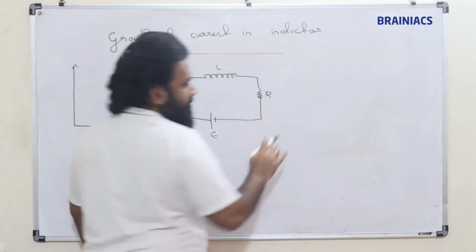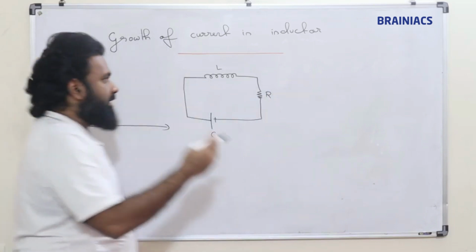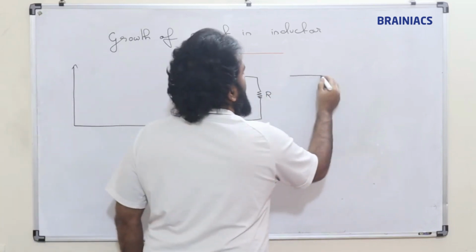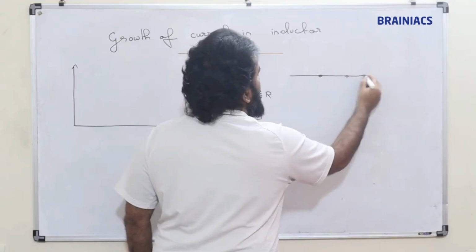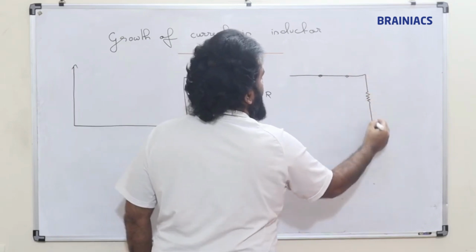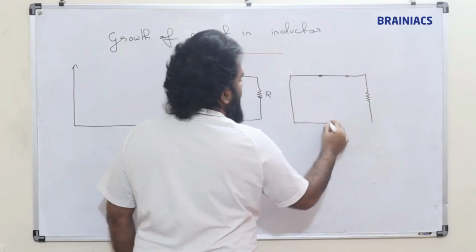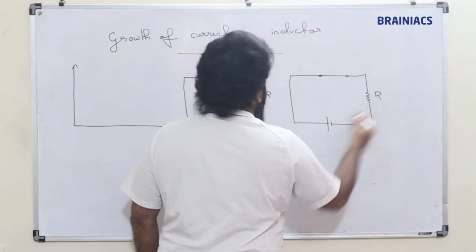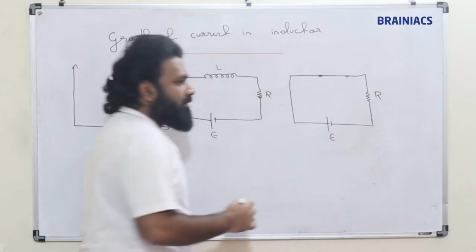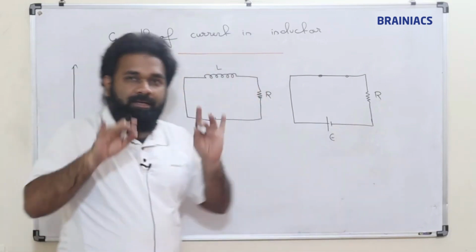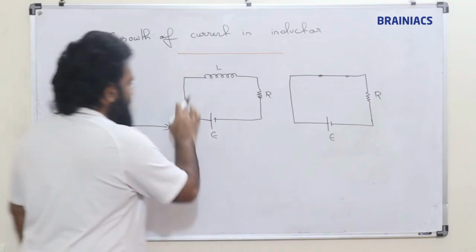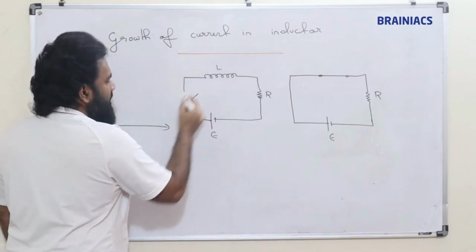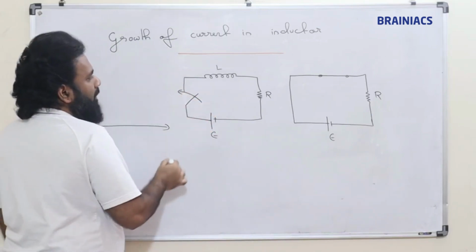After some time, maybe after a few seconds, this inductor will behave like a short circuit in this network. Why? Because once the current is steady, suppose there is a switch here and we are switching on.